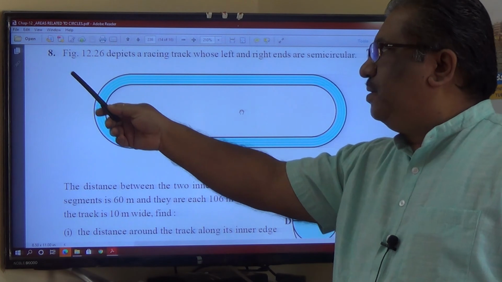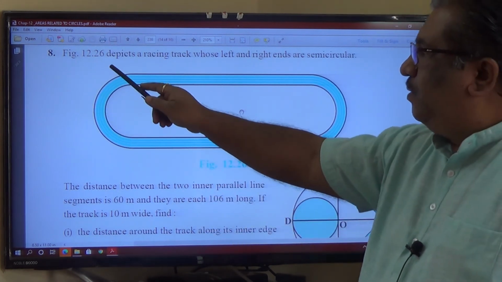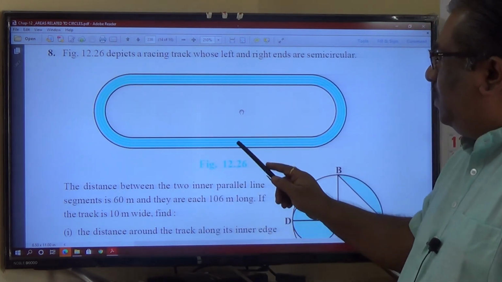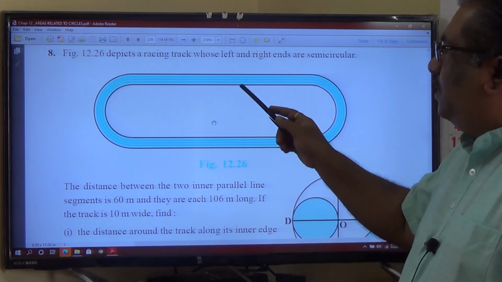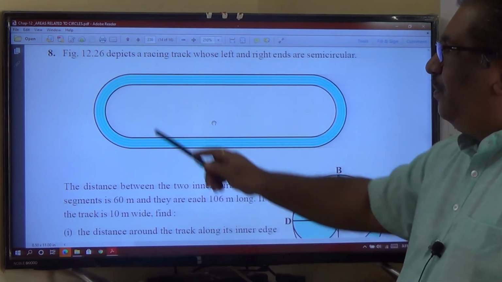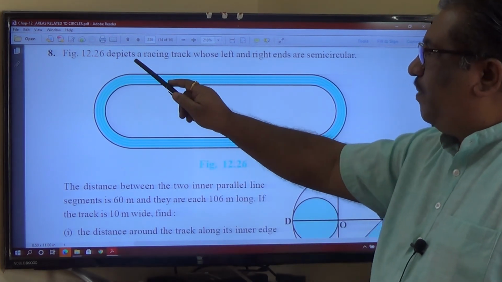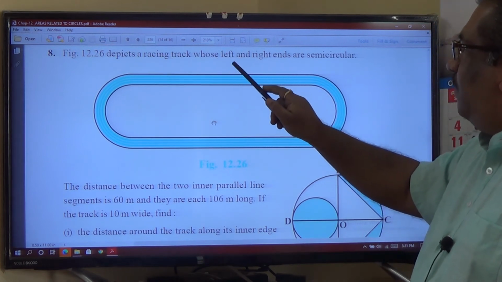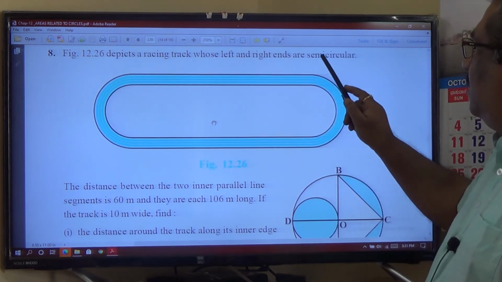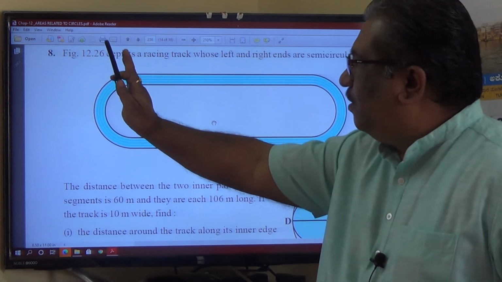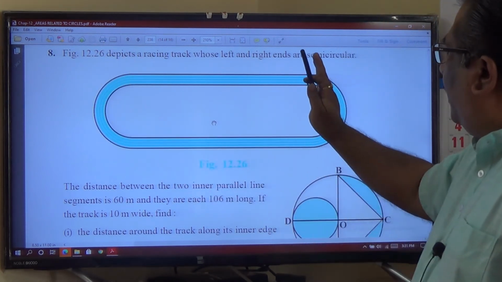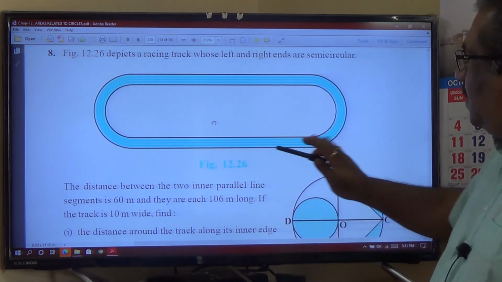Question number 8, figure 12.26. This diagram is a racing track basically. Figure 12.26 depicts a racing track whose left and right ends are semicircular. So this part and this part, these two parts are semicircular.